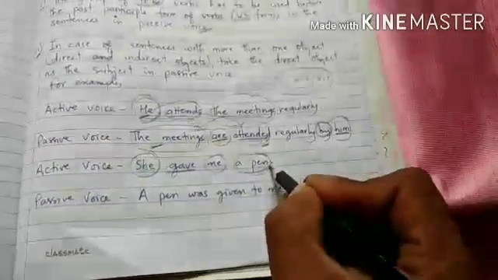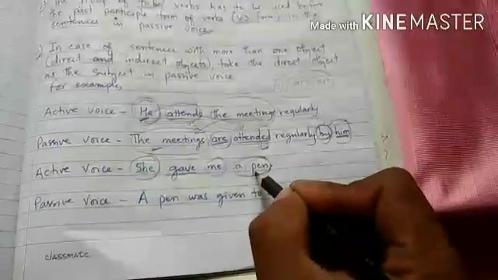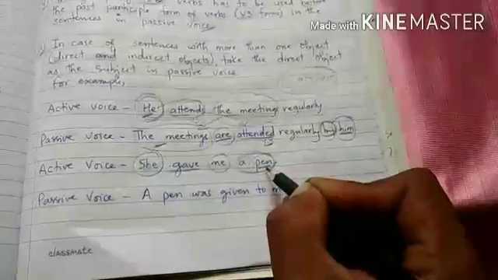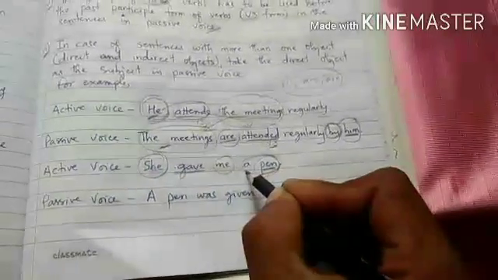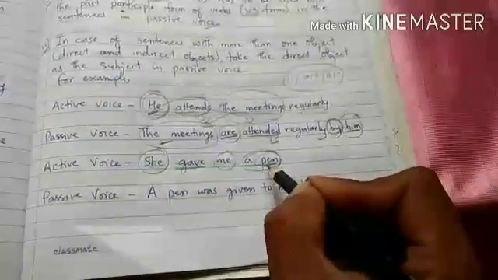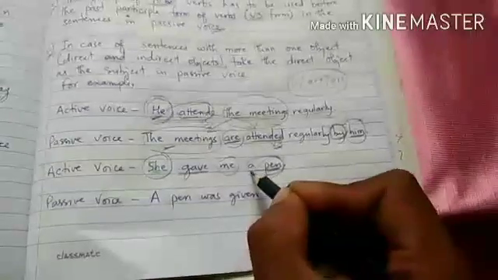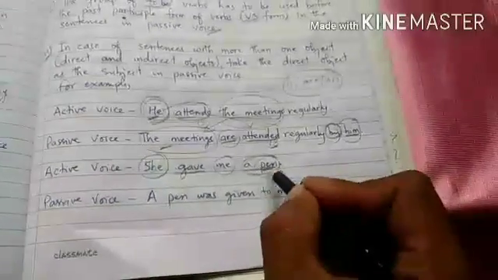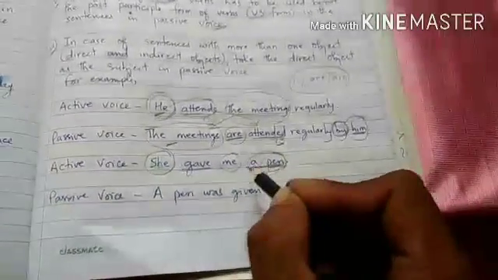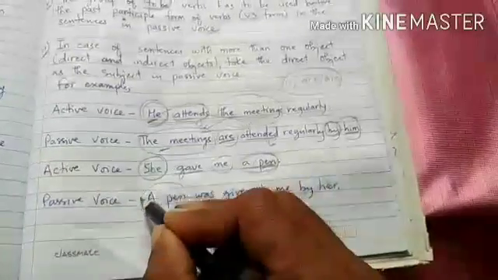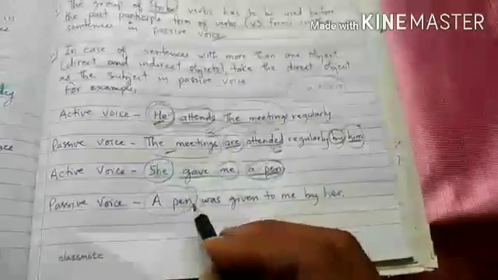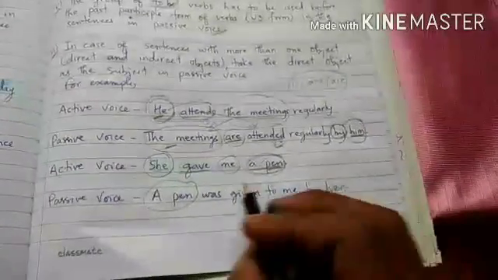Okay, so a pen is the direct object here. Actually, pen is the actual object here because it is the actual noun. But we will take a pen as the object here. Now we have to change this direct object into subject in passive voice. A pen was given to me by her.